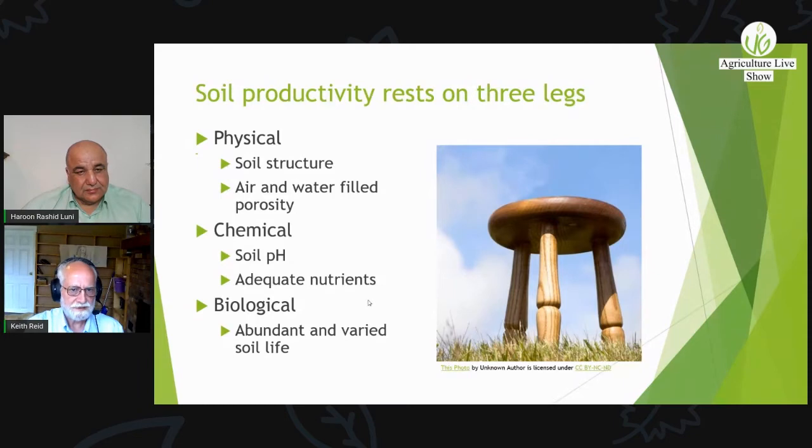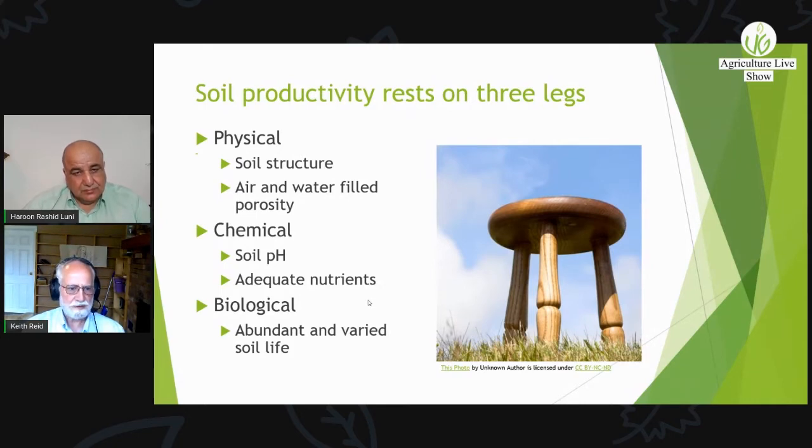Going back to basics, I think about soil productivity as a stool with three legs. If any of the legs are shorter than the others, you're not going to get top productivity. We need to have the right physical conditions, so that's good soil structure. And along with good soil structure, we get good air-filled and water-filled porosity. You need to have both the large pores that allow drainage and allow air into the soil, and the fine pores that hold water.